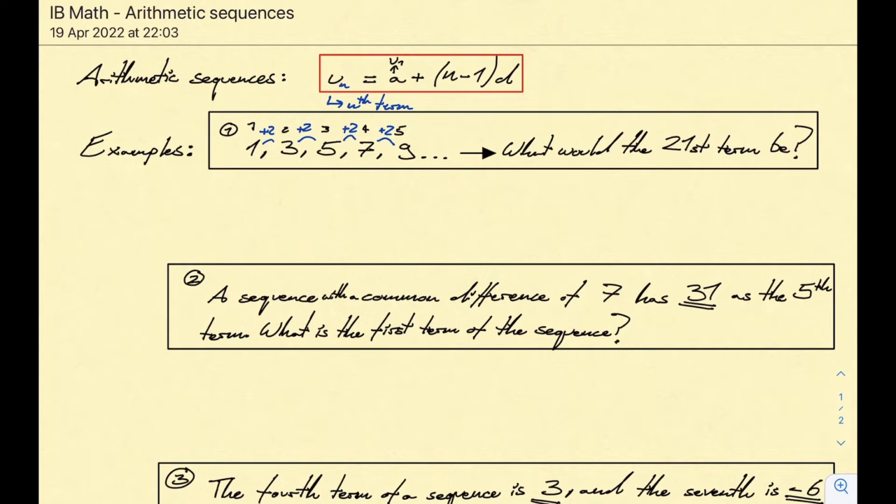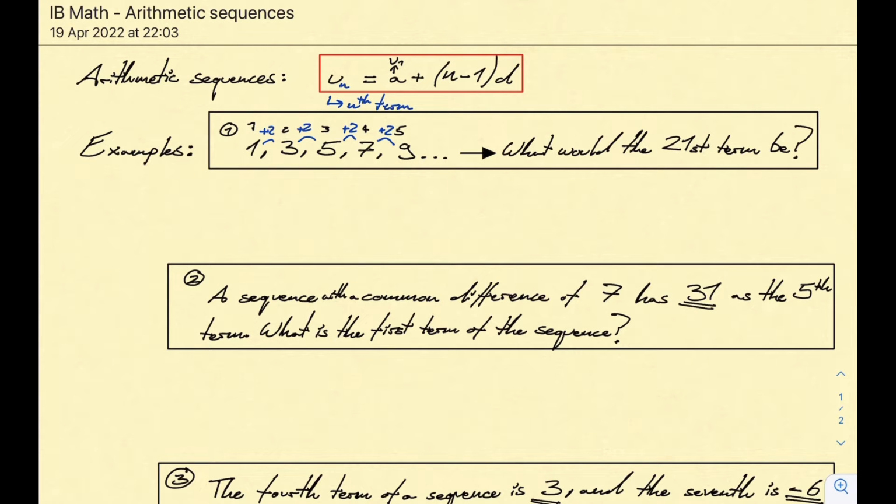Now, you could obviously start to write, well, this is our first number, second, and so on. And so you could start to write 11, 13, because we're just making a jump of 2, and we could do this until reaching 21 terms. But it really doesn't make sense, because we've got an equation that calculates it faster for us.